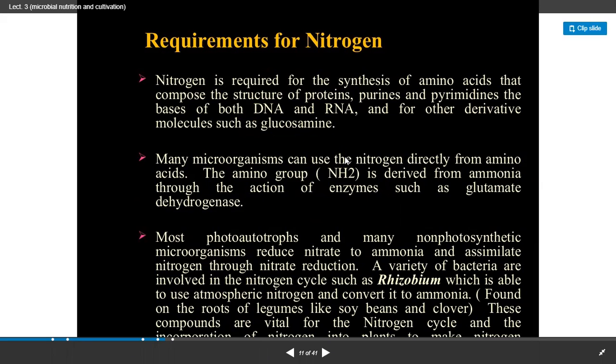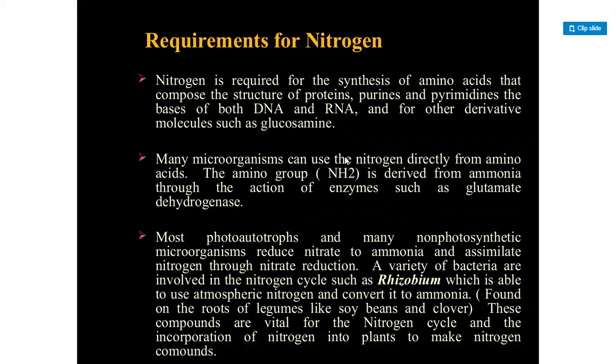What is the requirement of nitrogen? As we have understood, nitrogen is used in the production of proteins, purines, and pyrimidines, which are the basic structure of DNA and RNA. Similarly, they are also used in the production of proteins.